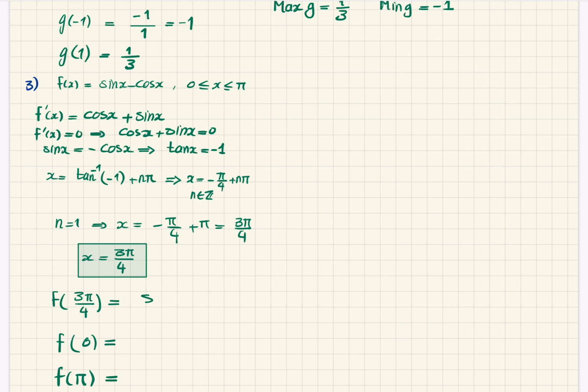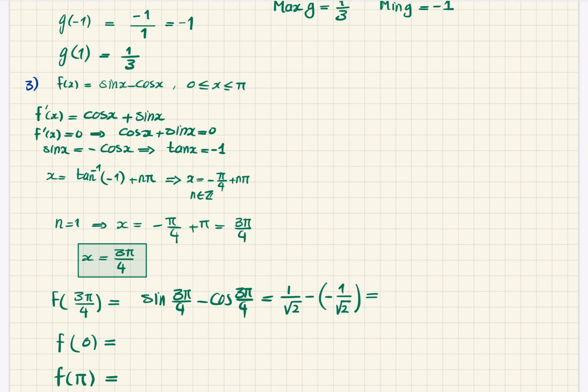So this becomes sine of 3 pi over 4 minus cosine of 3 pi over 4. So if you remember your trigonometric lessons, this is the complement of pi over 4. So using these ideas, you can immediately see that this is 1 over square root of 2, and then the other one is minus 1 over square root of 2.